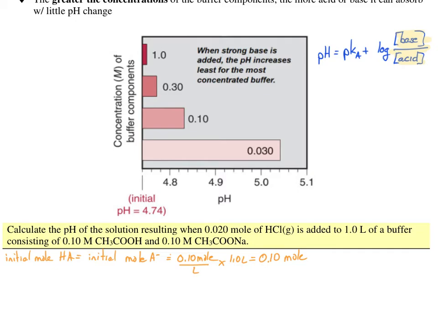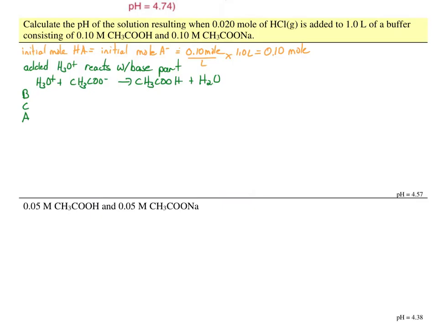As in previous problems, we're going to construct our BCA table, as we have initially 0.1 moles of each our weak acid and its conjugate base, and we're adding 0.02 moles of our strong acid. Now these are the amounts of everything before the reaction with the buffer.